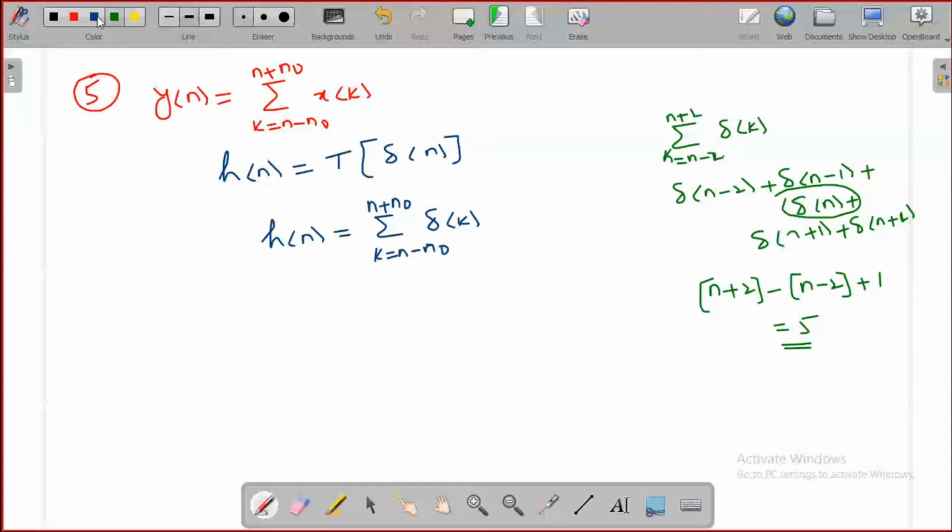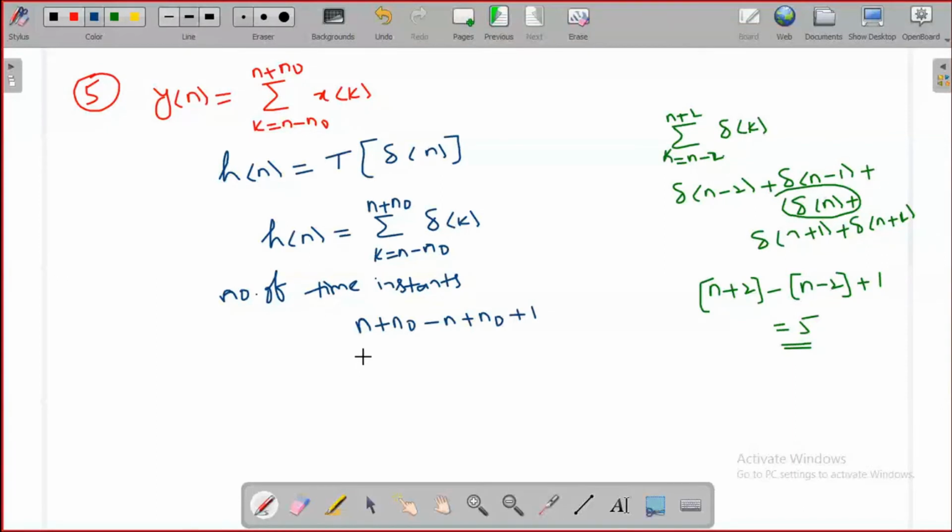So here in this case, what is the number of samples? Upper limit minus lower limit, plus 1, so the number of time instants is n plus n naught minus n plus n naught plus 1.